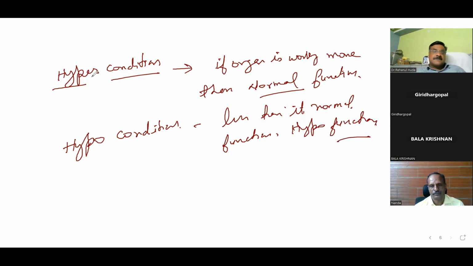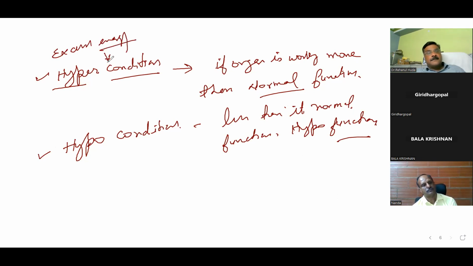Okay. So this hyperfunction and hypofunction is because of the energy. If there is excess energy in the organ, the organ will be hyper. If there is deficiency of energy in organ, in that condition, organ will be in hypo condition.